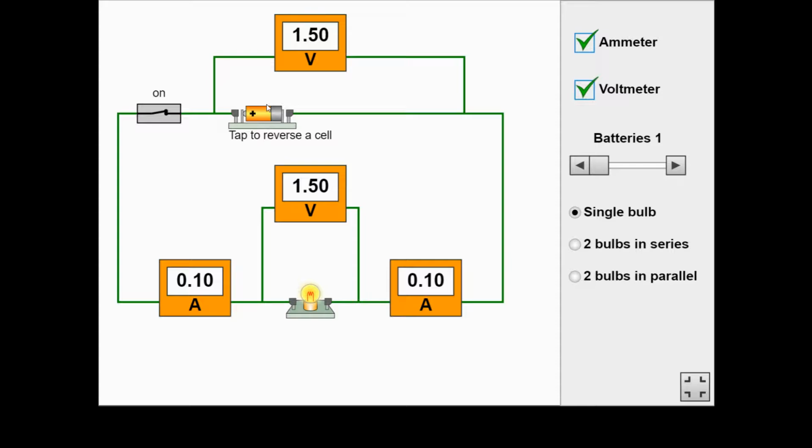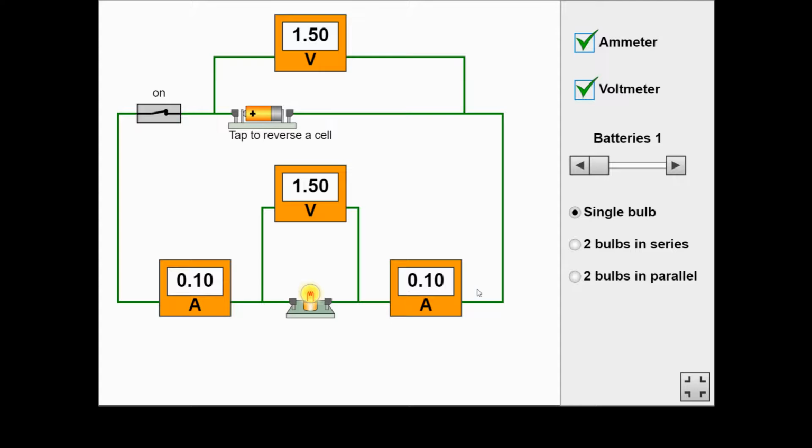So every coulomb of electrons is carrying 1.5 joules of electric energy to the light bulb, and the bulb is converting that into light energy and heat energy. Getting 1.5 joules of light energy is very unlikely, because that would imply it was 100% efficient.